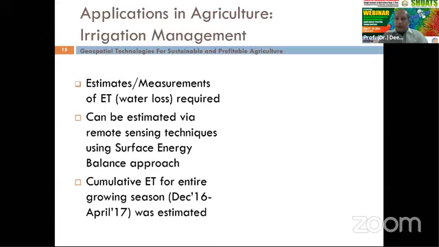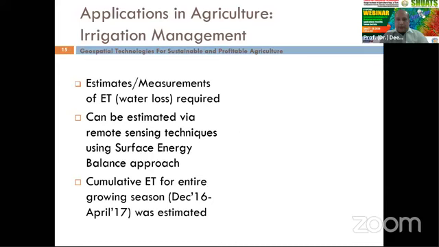It can be estimated via remote sensing techniques using the surface energy balance approach. It's a very old approach, established almost 20-25 years ago, or maybe 30 years ago. People have been doing a lot of work in it. So I used one of those surface energy balance models to process these images and estimate the water loss.